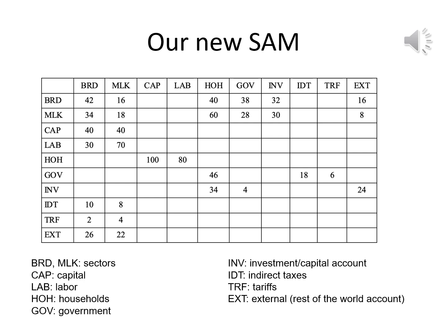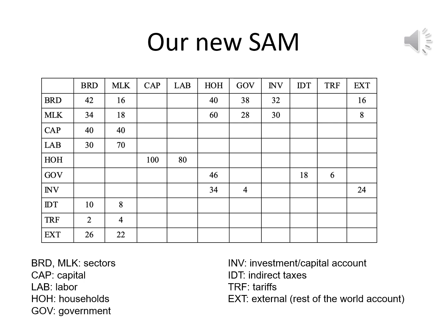And as for rows, the bread and milk rows, if you look at bread and milk, you will see that these are equal to intermediate inputs plus household consumption plus government consumption plus investment plus exports. But this is basically the total supply in the bread and milk industries.